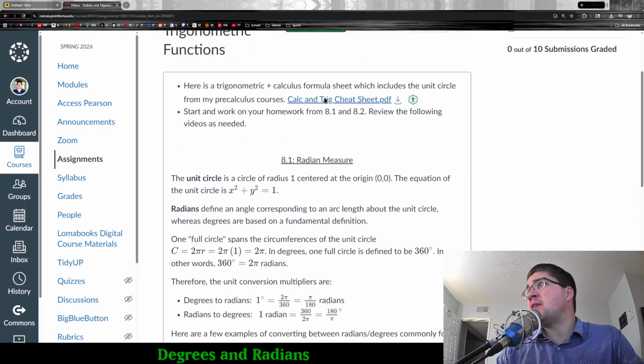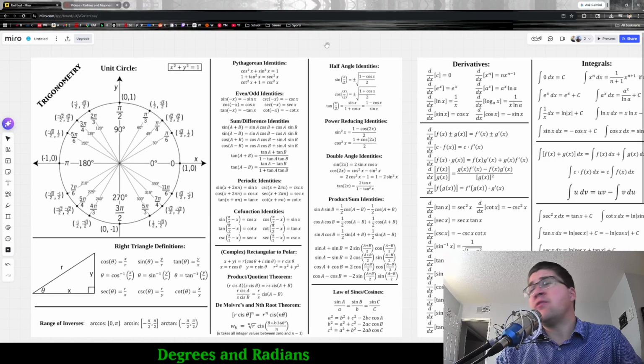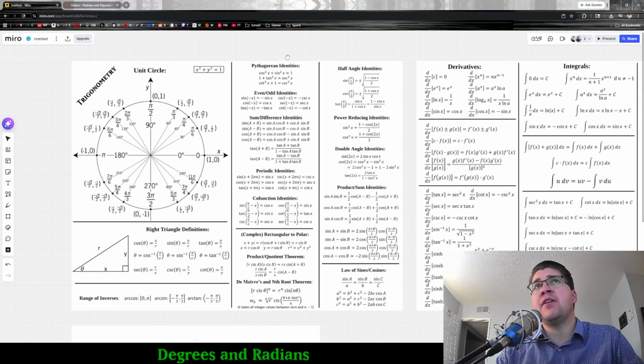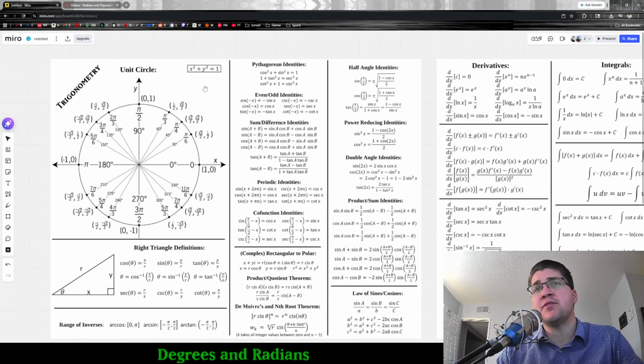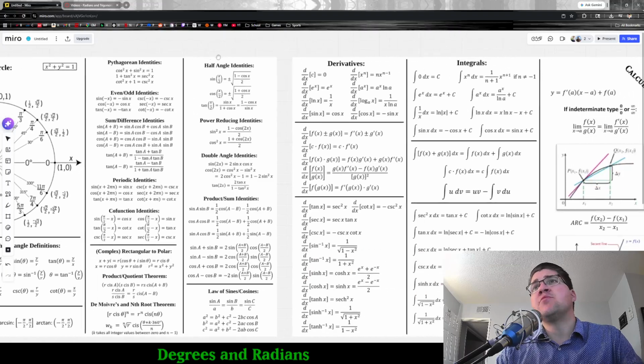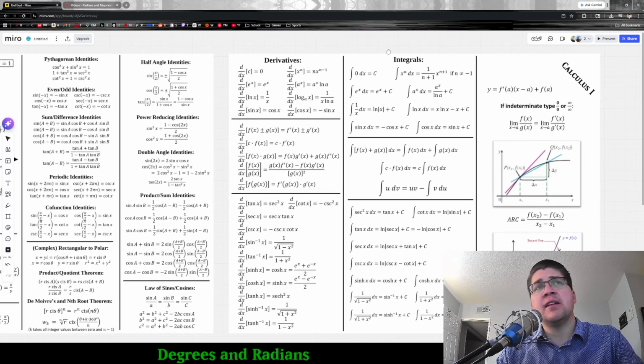And at the start of the module, you'll notice I posted a calc and trig cheat sheet, but essentially it's just a formula sheet that I have created over the years, and I've found it really helpful, especially in calculus, just having a lot of the fundamentals from trigonometry, as well as a lot of the fundamentals from calculus.